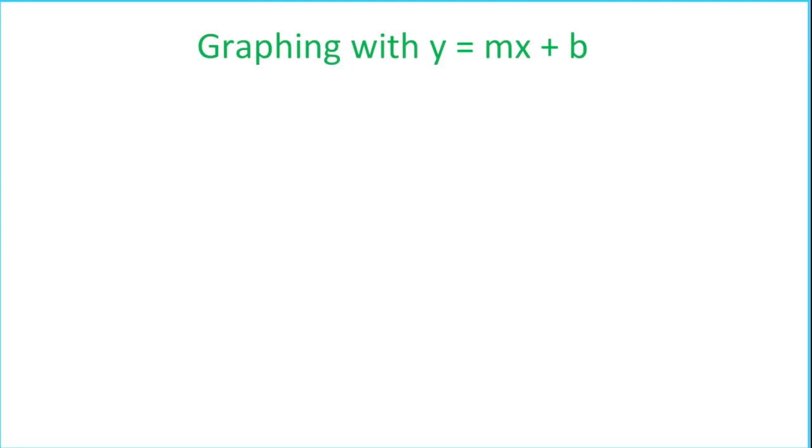Alright, welcome. This video is going to be on how to graph lines in the form of y equals mx plus b. In y equals mx plus b, it's also called slope-intercept form because your slope is the m value and your y-intercept.